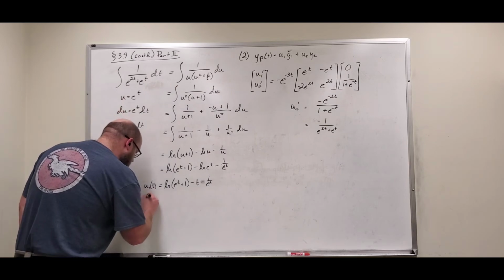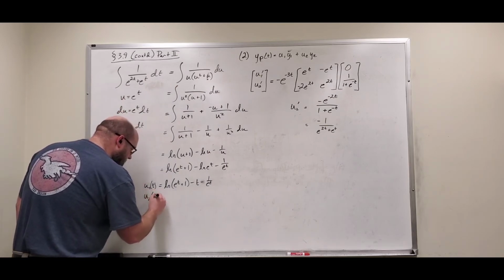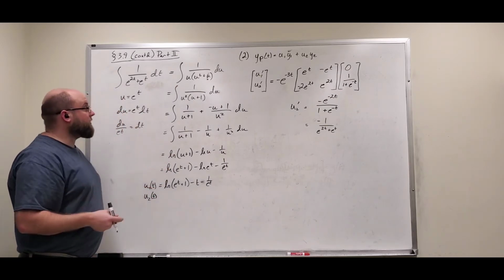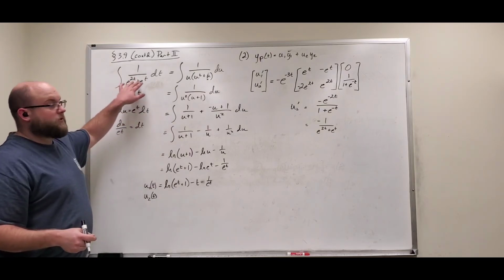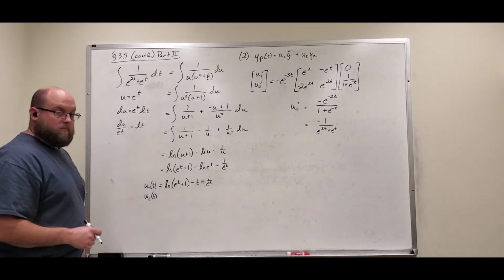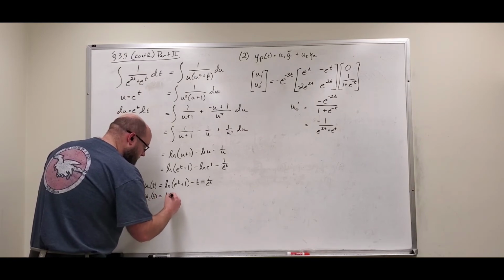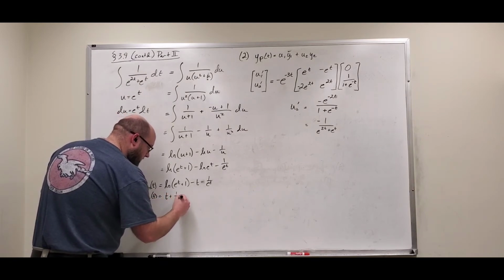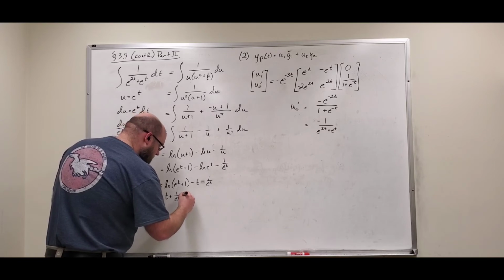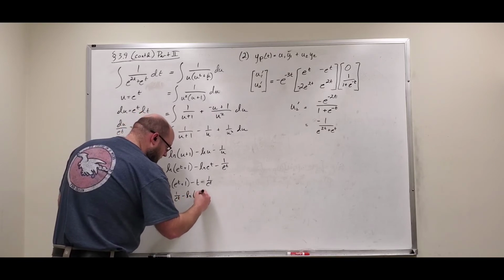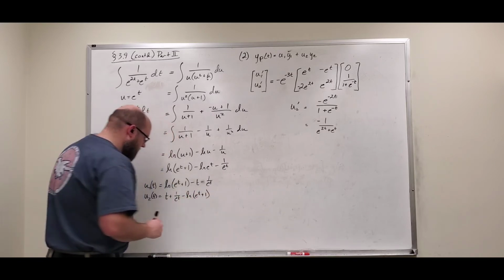So that means u2, save yourself some time, especially if you have that coincidence occur that these guys are just the negatives of each other. You can save yourself a lot of work. This is going to become positive t plus 1 over e to the t minus the natural log of e to the t plus 1.